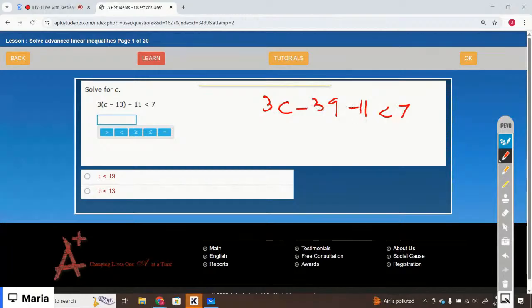So negative 33 and negative 11 is negative 44. So add 44 both sides. So 3c is less than 51. Now divide both sides by 3. So c is less than 17. Option number 1 is the correct option. That is c is less than 19.